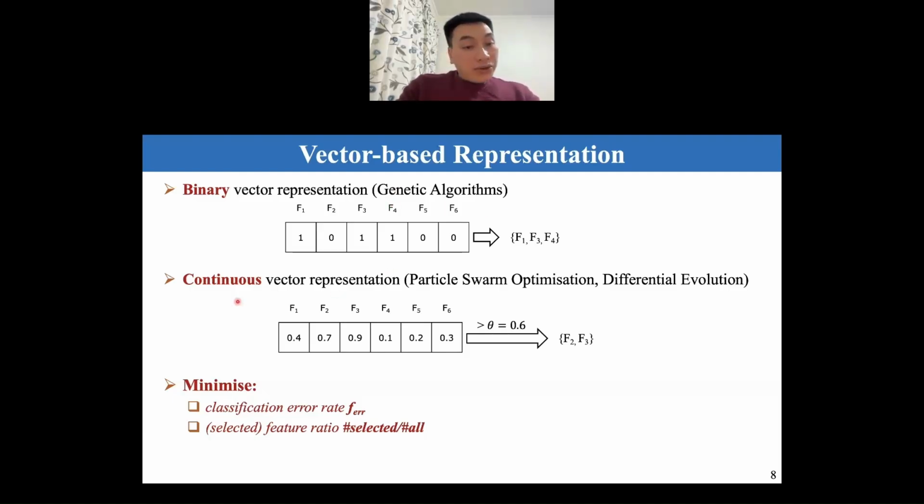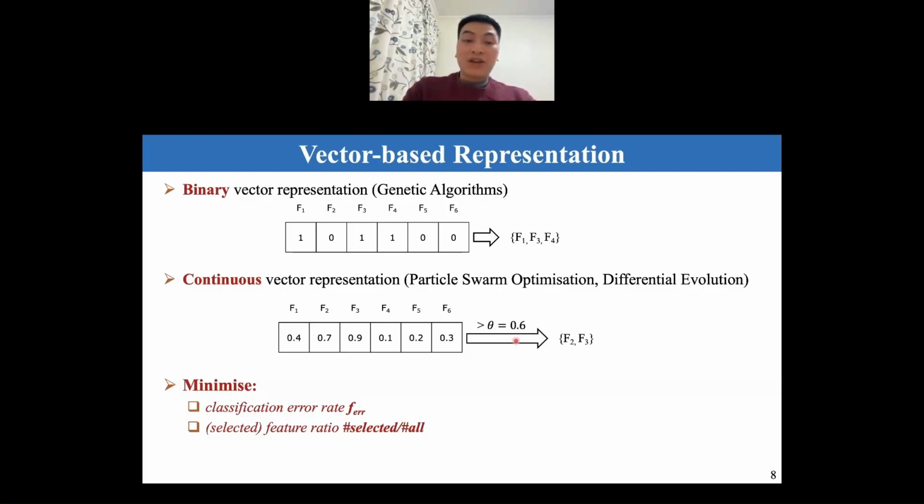We can also use continuous vector representation for feature selection. The idea here is that each vector entry is going to be between 0 and 1. And to determine whether a feature is selected or not, you're going to compare the entry value with a threshold value, which I call theta here. If the entry value is greater than theta, it means that the feature is selected.